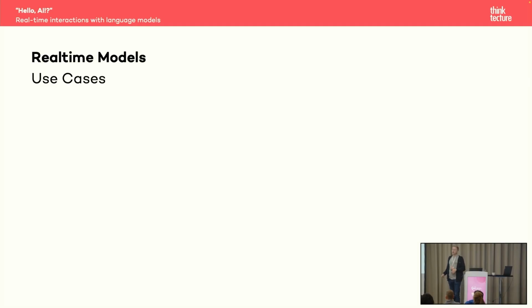Which use cases are possible? First of all, natural language interfaces. You can, for example, just directly talk to a model and ask questions. I did this recently when I drove back home from the train station, and I needed to get something done.